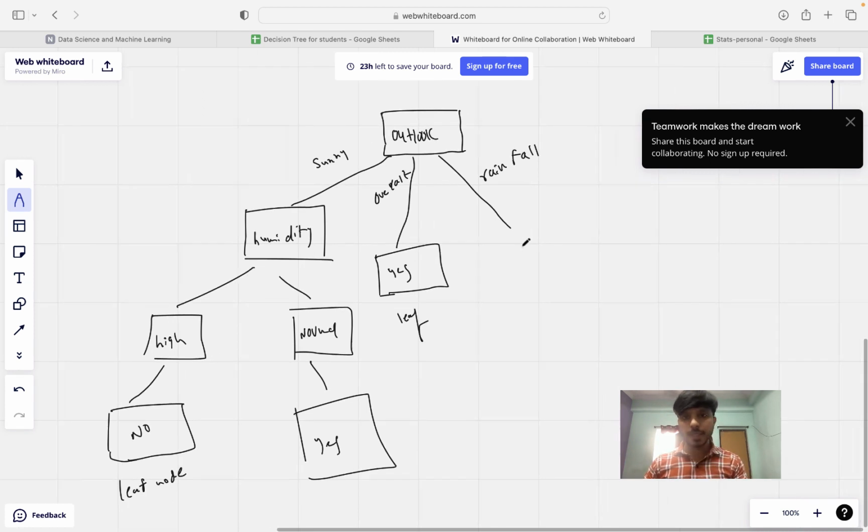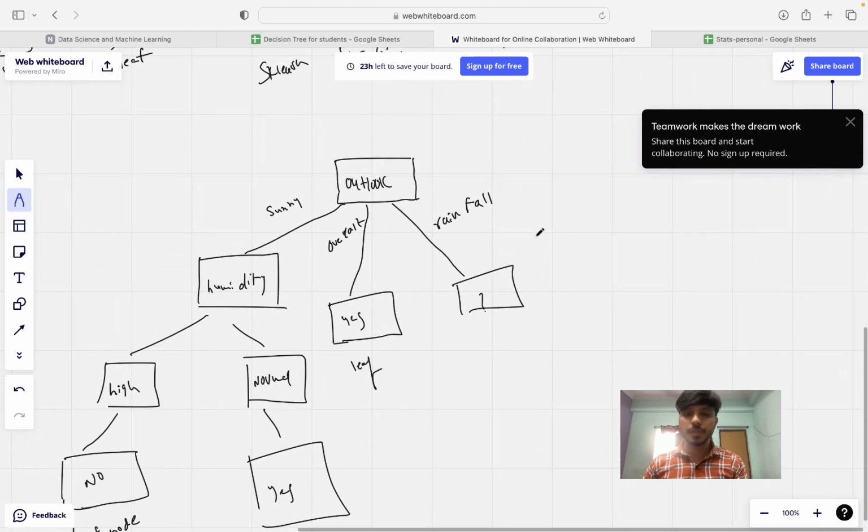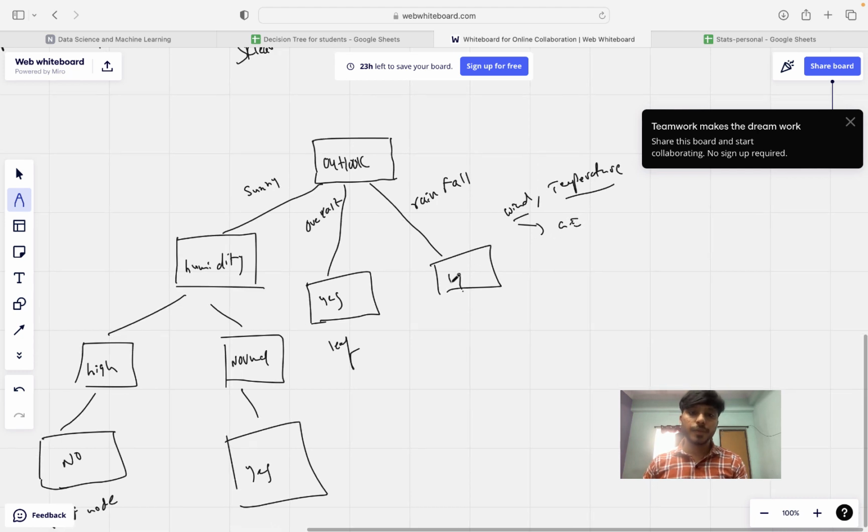But when it is rainfall, what is the next feature that you're going to see out of the leftover features? Are you going to see wind, or are you going to see temperature? When I calculated the Gini index again for these two, I found out that wind has the lowest Gini impurity. So wind will be my next node.